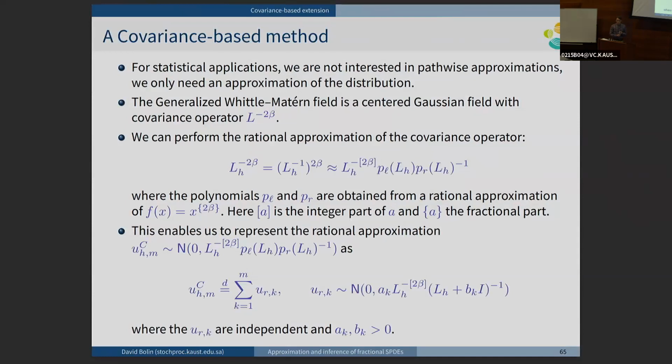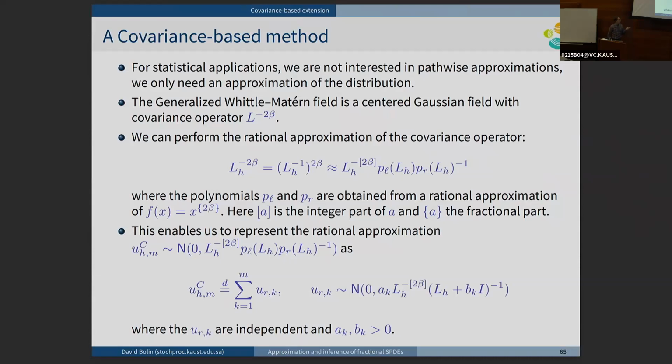So this gives us two things. The first thing is that for a given computational cost, we gain accuracy in the covariance approximation. It also enables a representation of the approximation as a sum of Gaussian-Markov fields.